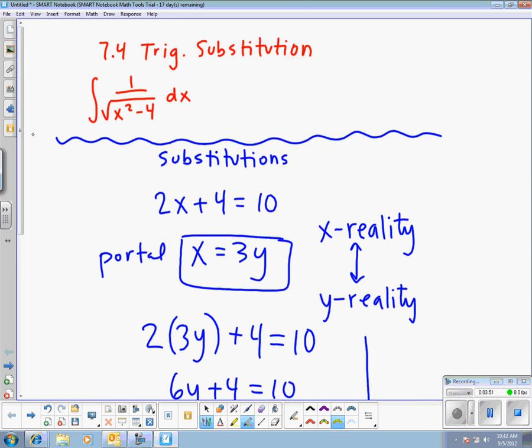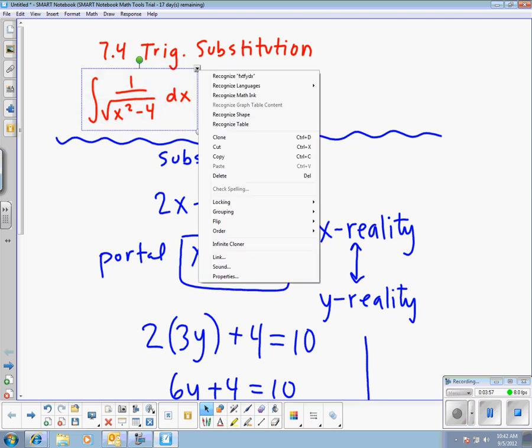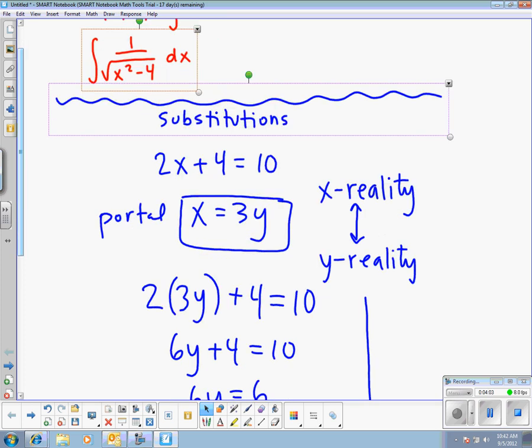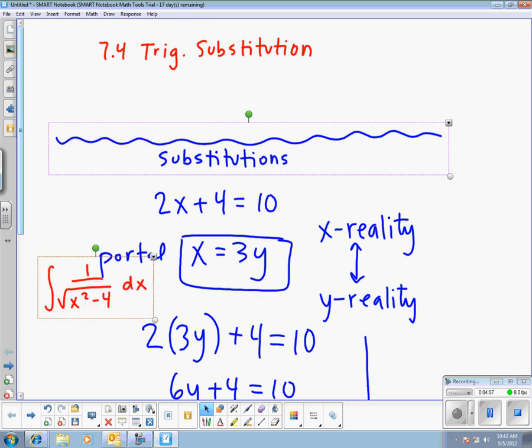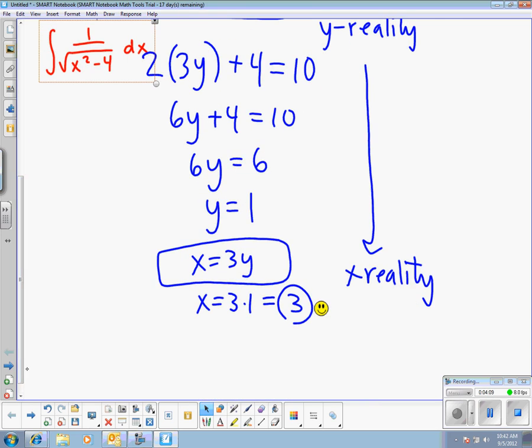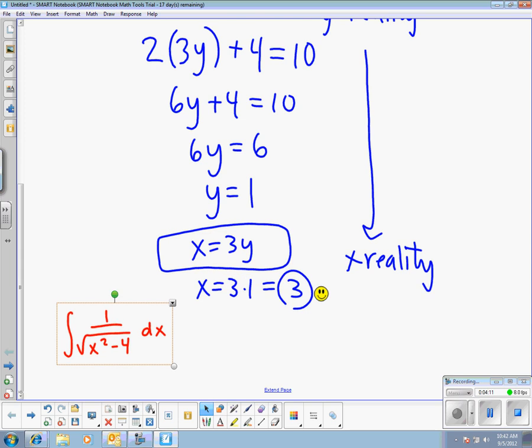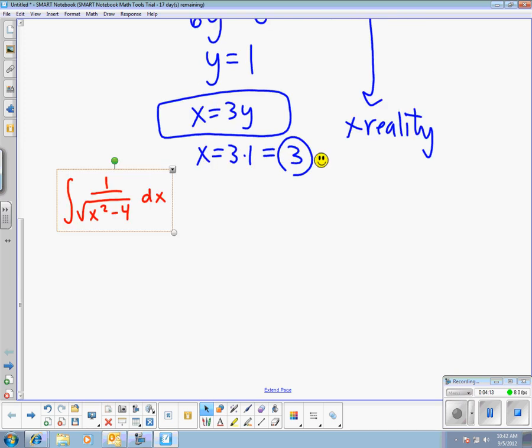Okay, so let me start over with this integral that's our original question. Here's the original question.